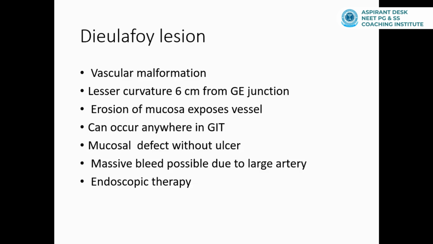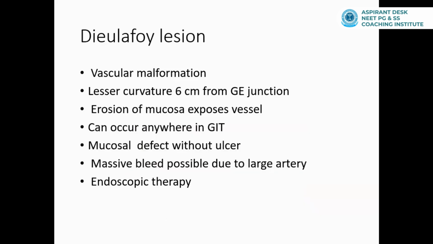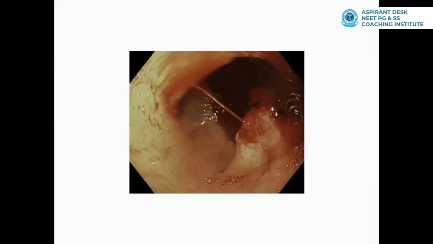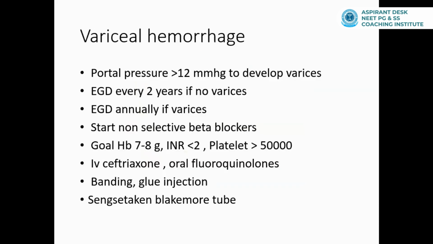There is a mucosal defect without ulcer, which exposes the underlying large artery, so there is a chance of massive bleed. This is a spurting vessel from the Dieulafoy lesion because of overlying mucosal erosion exposing the large submucosal vessel. The treatment is endoscopic therapy.